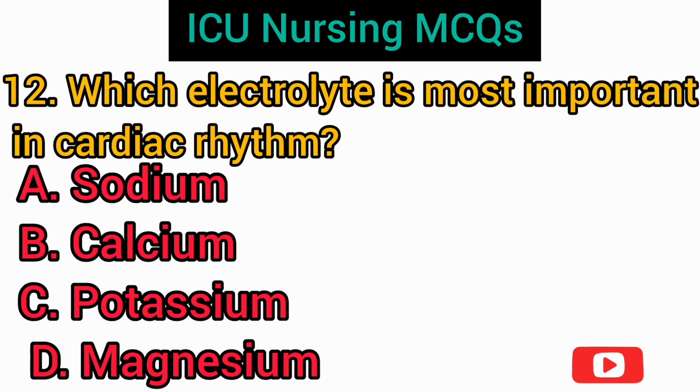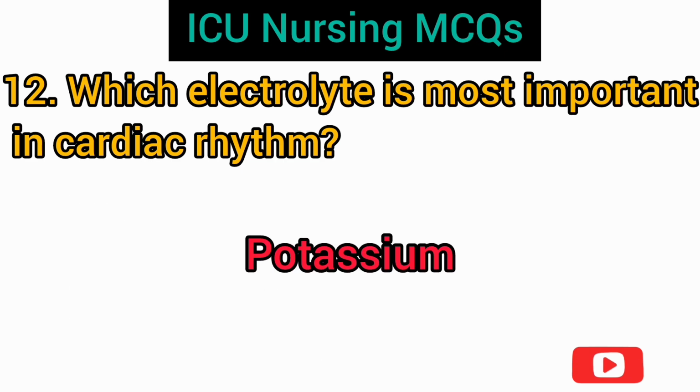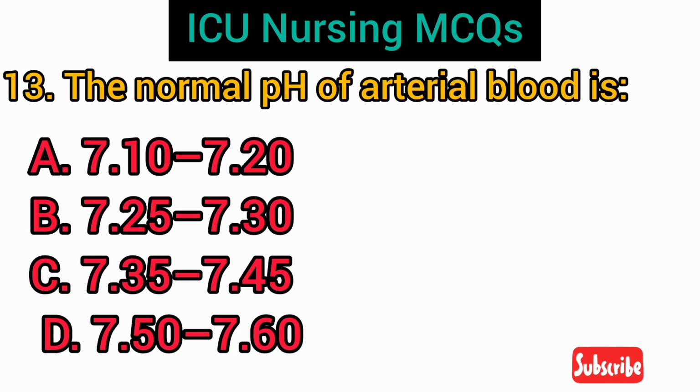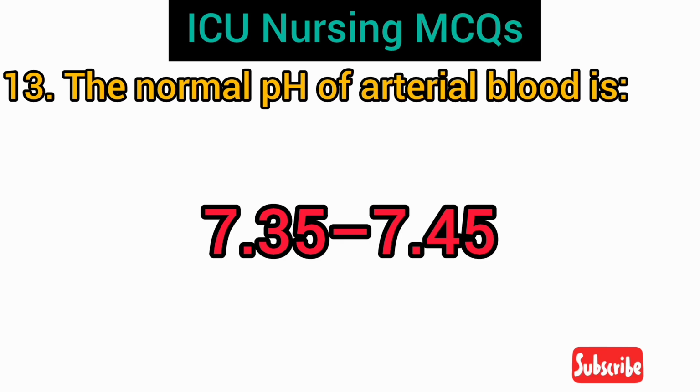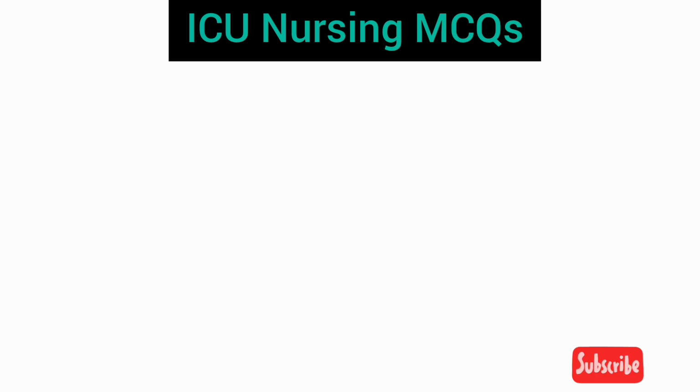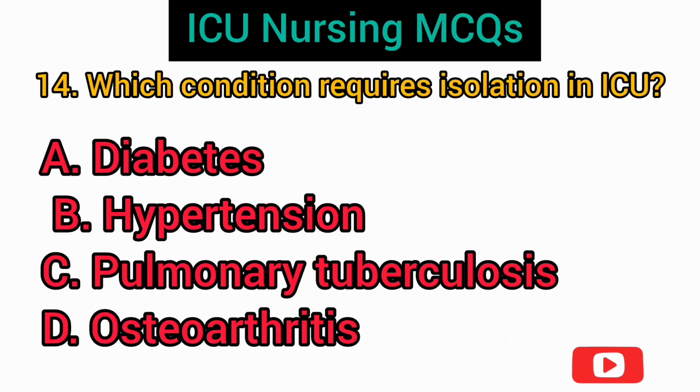Which electrolyte is most important in cardiac rhythm? Potassium. The normal pH of arterial blood is 7.35 to 7.45. Which condition requires isolation in ICU?